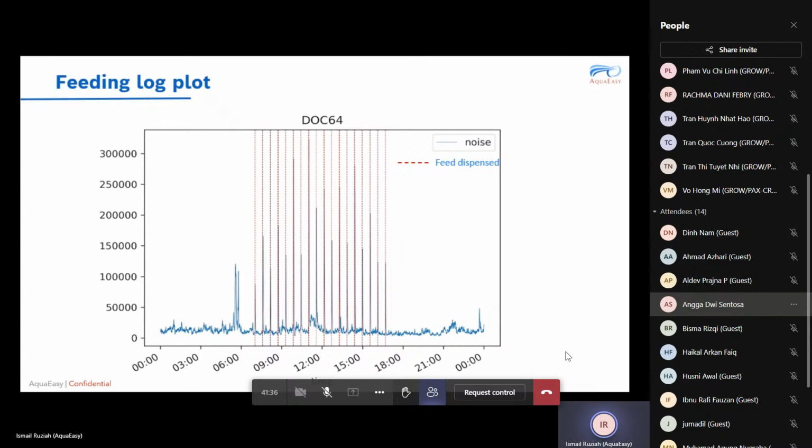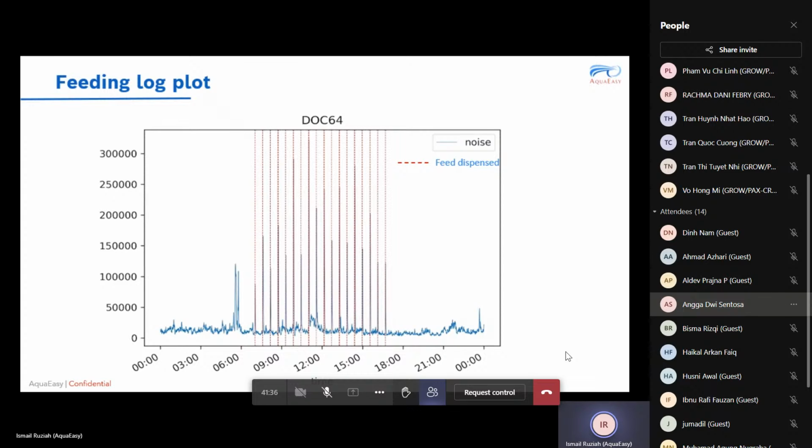Next slide. Another feature of iFeeder is that if we cannot detect the shrimp's response to the feeding, for example, the red line is where we dispense feed. The blue line is where we plan to dispense feed based on our schedule. But you see the signal every time we dispense feed, the response is not very strong.